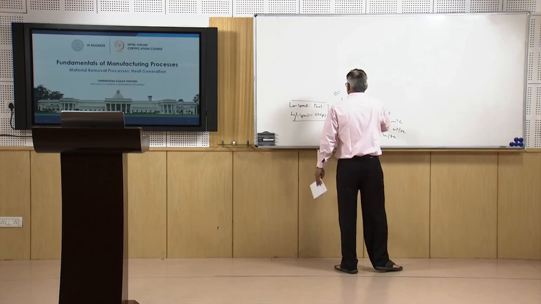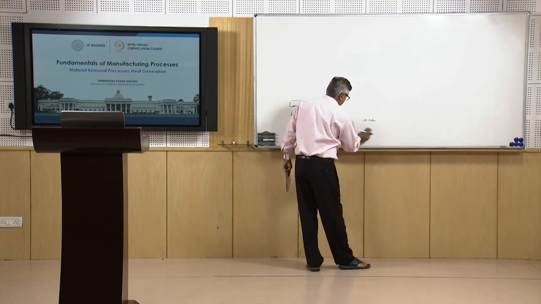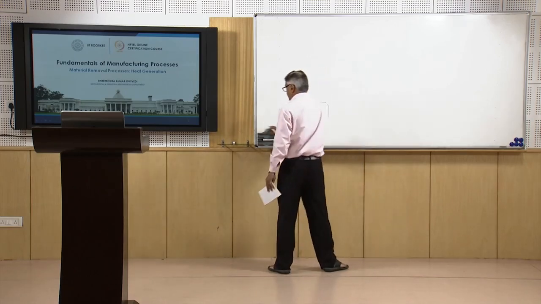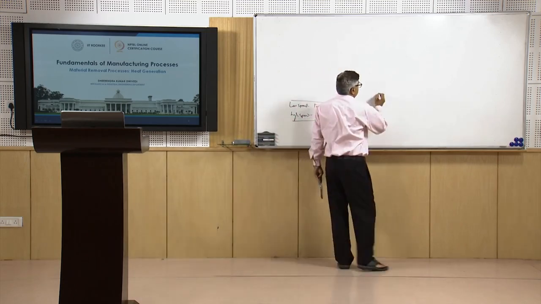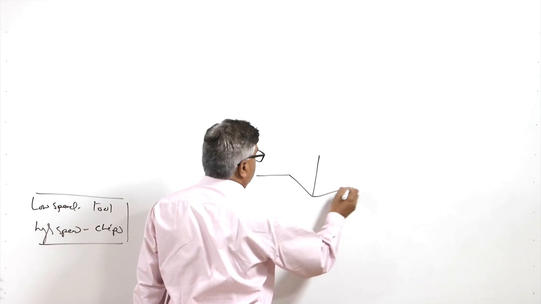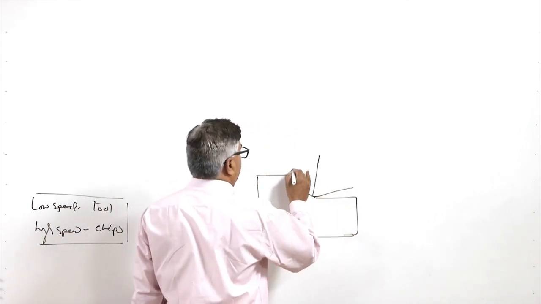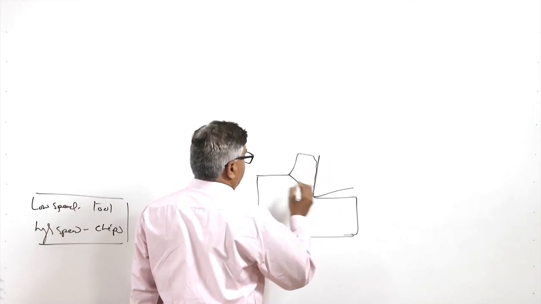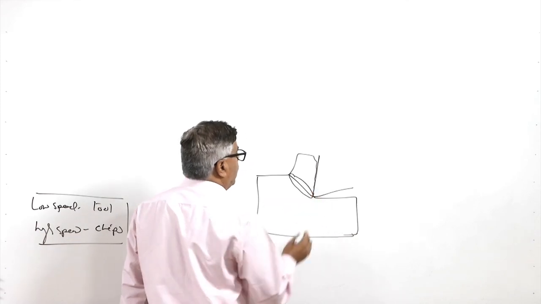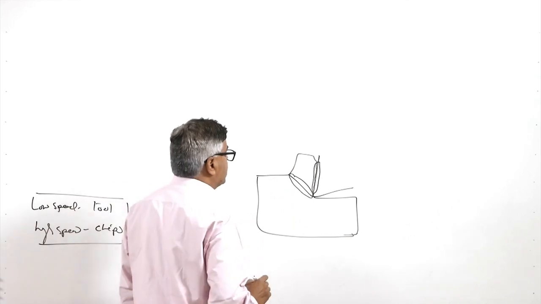So, this is how we can try to identify the value of the tool chip interface temperature. If we see here the further finer details of the heat generation with regard to the cutting speed, we need to consider how increase in cutting speed during the machining will be affecting things. So, the shear deformation is one, and the friction at the tool chip interface is another.